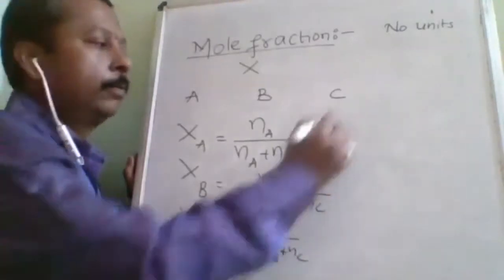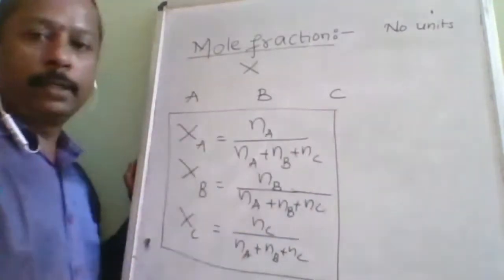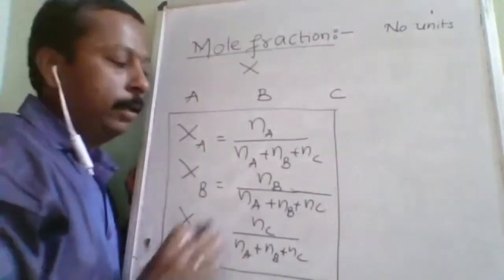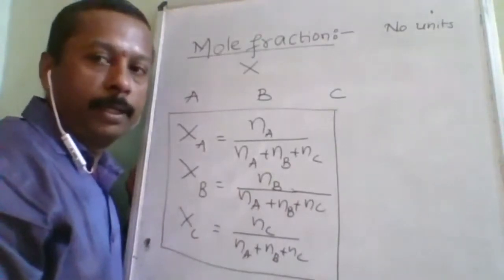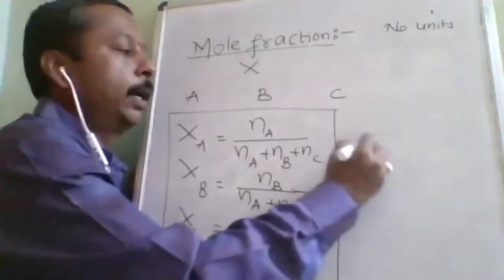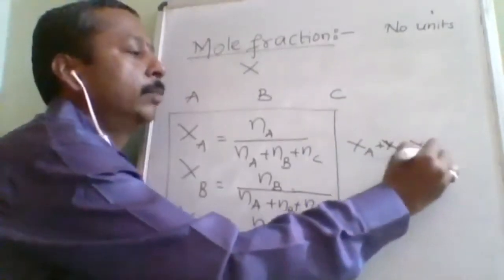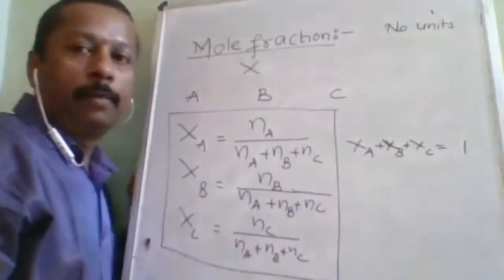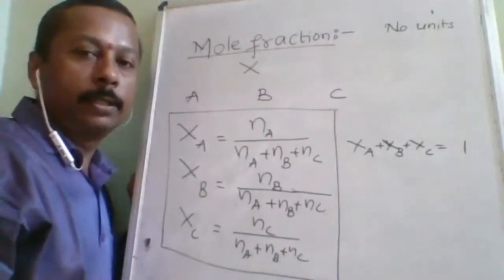Understood? Even though we are differentiating them with different formulas, they are all one. What does it mean? When you add the mole fraction of A, the mole fraction of B, plus the mole fraction of C, it is always equal to 1.